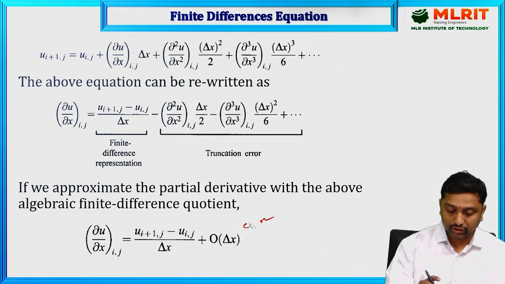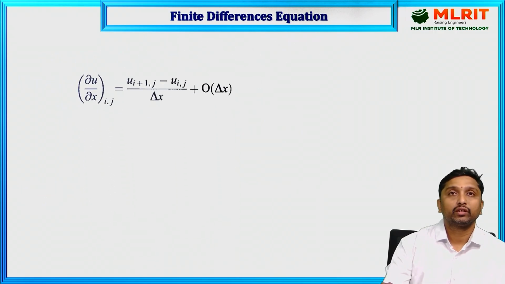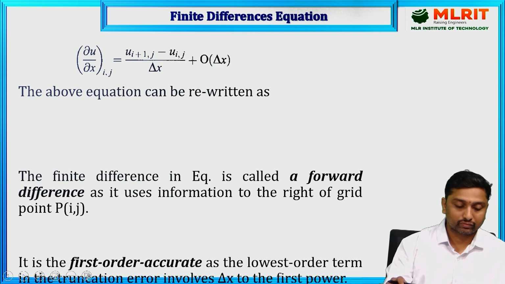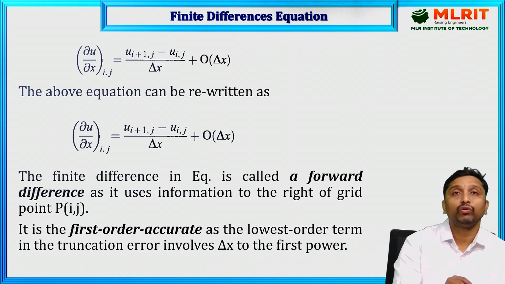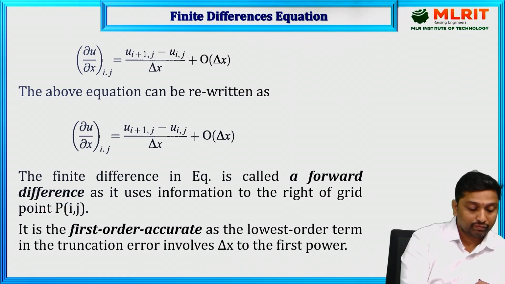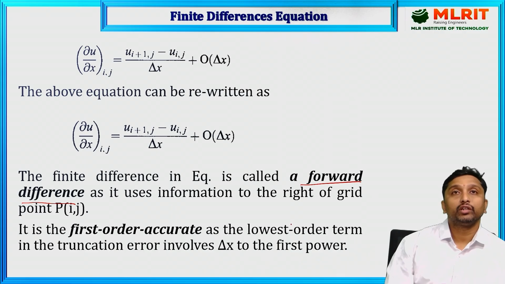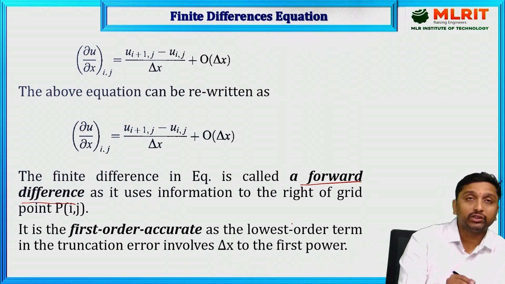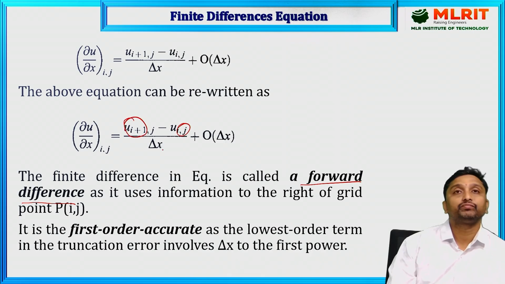So based on this, we can say that this equation can be called as first order finite difference equation. The above equation can be called as first order finite difference equation, since we are using the right side of i,j.